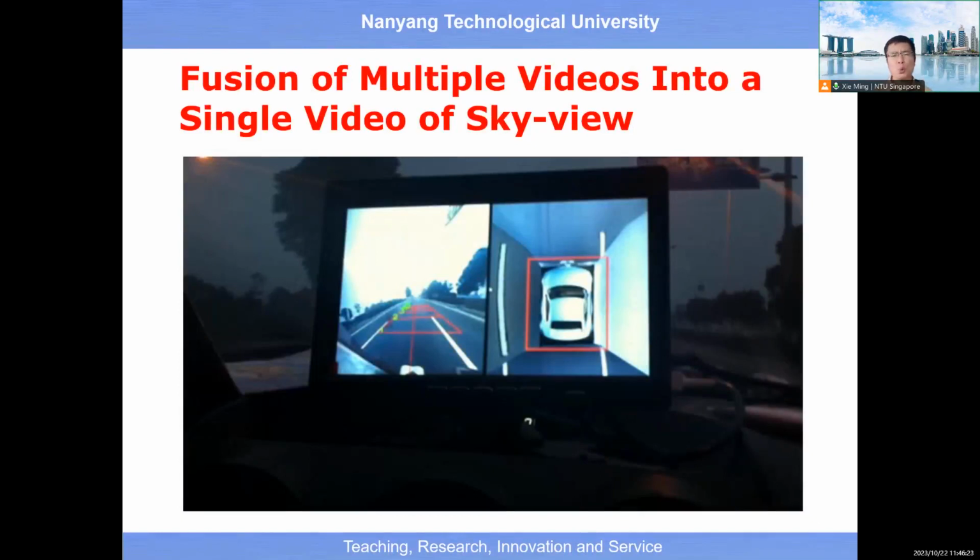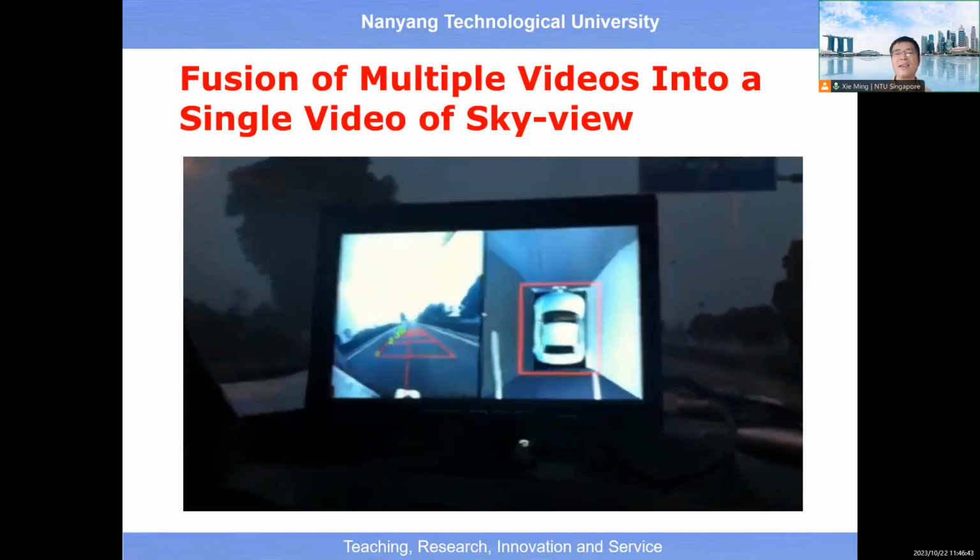This makes use of four videos to synthesize a single video. This single video is equivalent to the video output from a camera placed in the sky looking down at our vehicle.